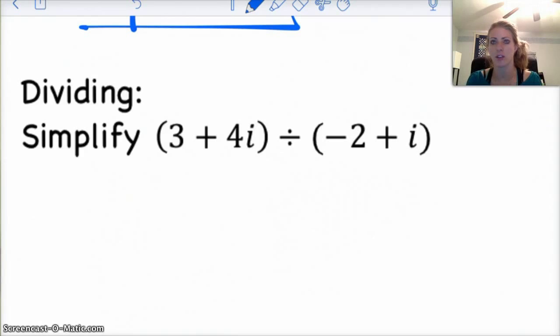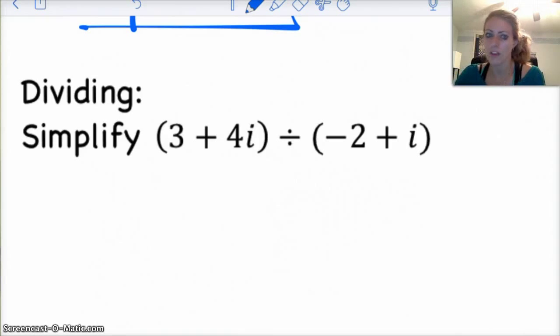basically because you don't want to have a result that has an i in the denominator. That's essentially your goal when you divide complex numbers.